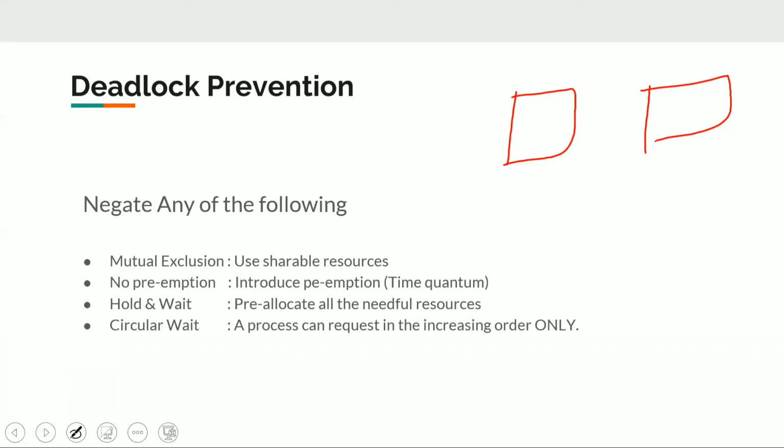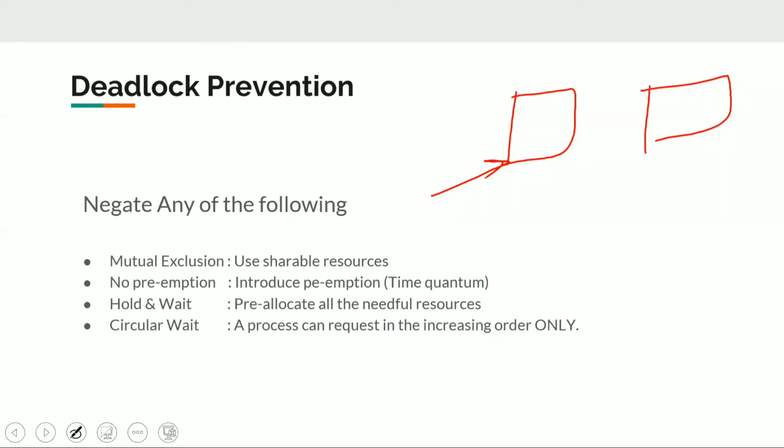Okay, so it is done for the CPU. But the problem is not all resources are shareable. For example, a printer is not shareable. If multiple users are requesting printing, it will execute them one by one. So negating mutual exclusion is not a very practical way to perform.